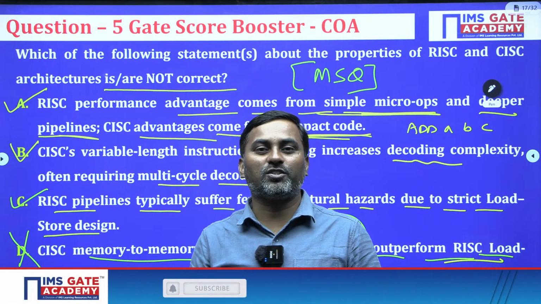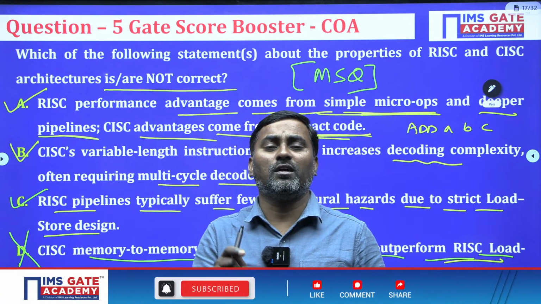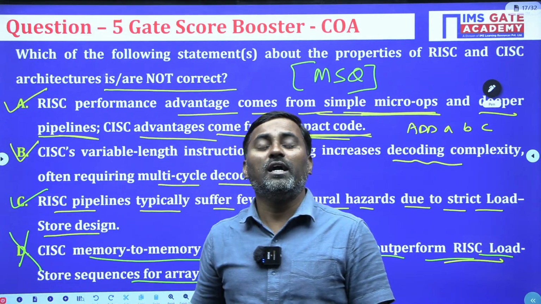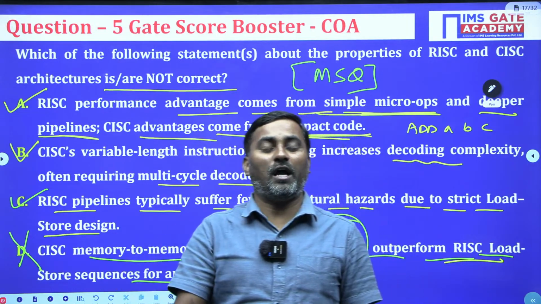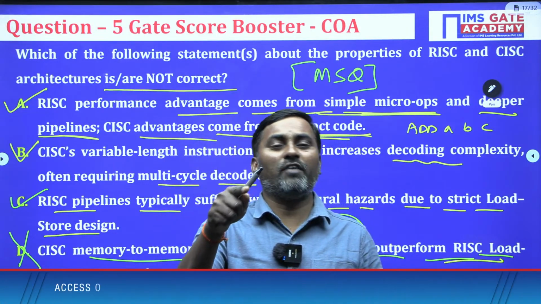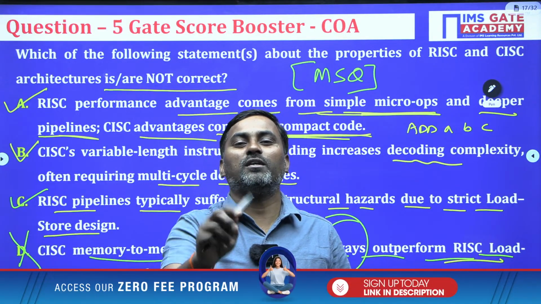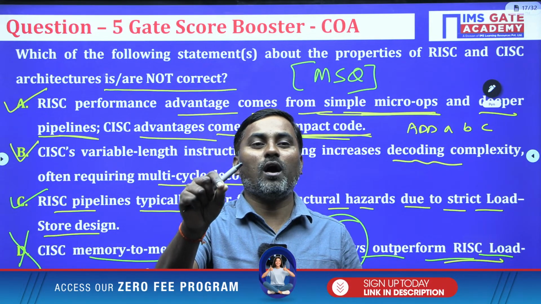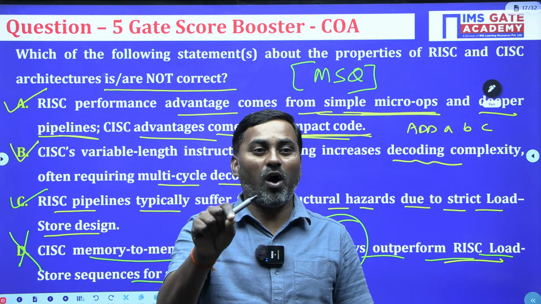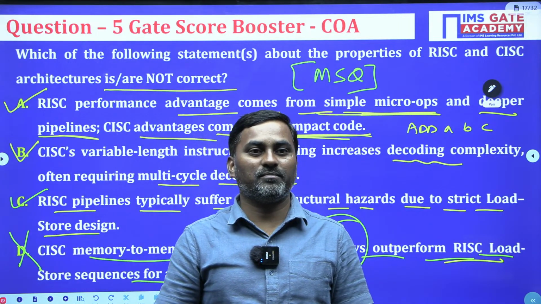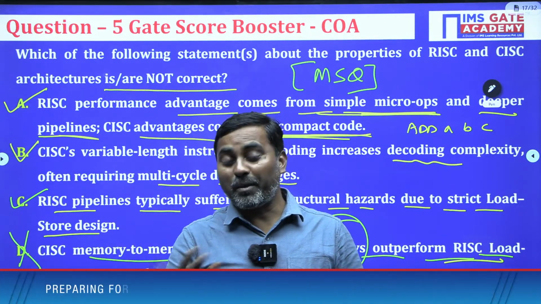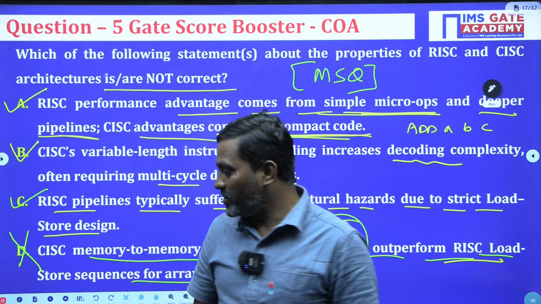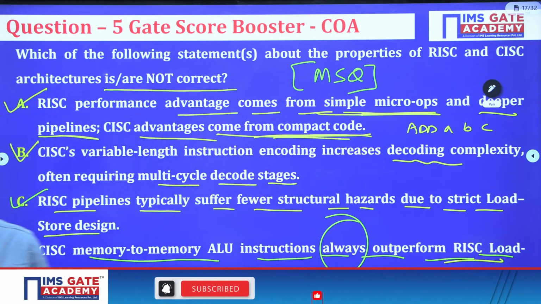So I suggest you always go to the instructions. Before attempting any real GATE exam, you must compulsorily read the instructions. In the papers I have seen, the instructions clearly mention it: whenever the paper has MSQ questions, it may say you may choose one or more options. Some papers also say all options may be right. Yes, that is also true.